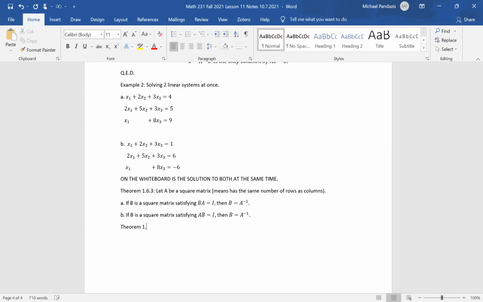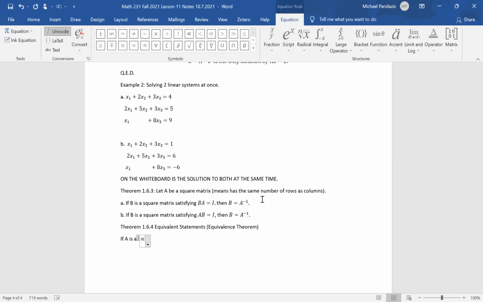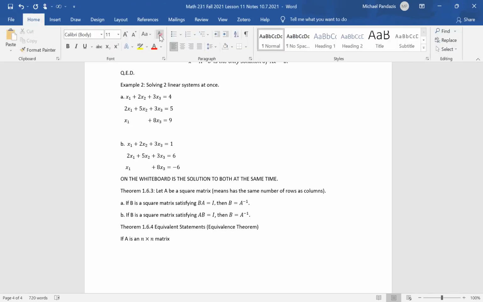Next theorem is theorem 1.6.4, the equivalent statements theorem, or as I later called it, the equivalence theorem. Same assumption: if A is an n by n matrix, then the following are equivalent.